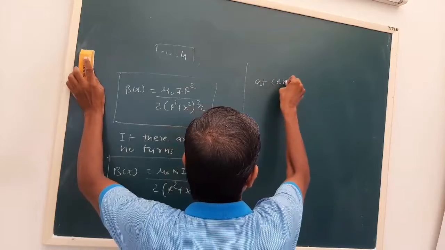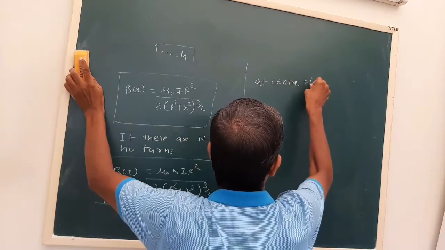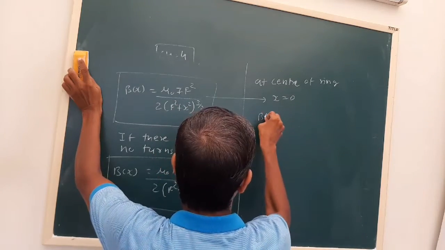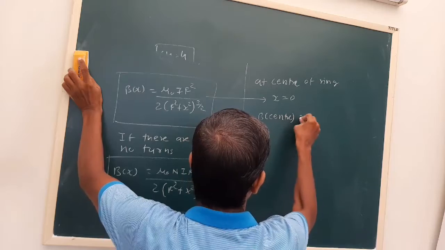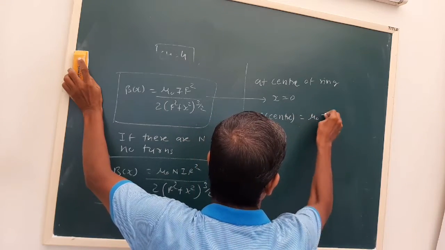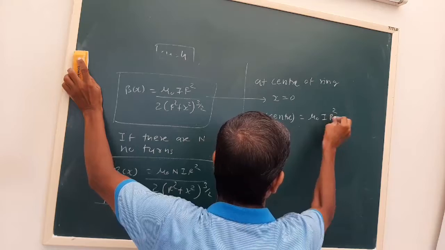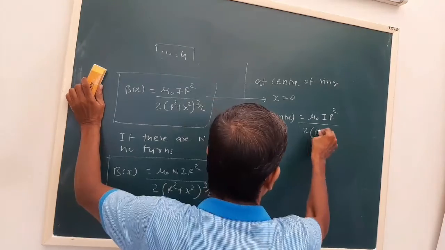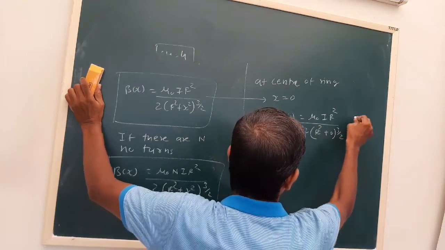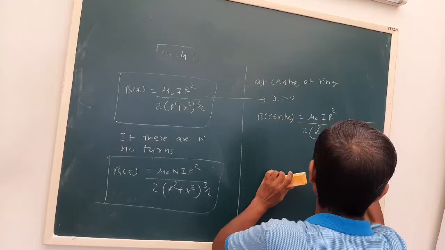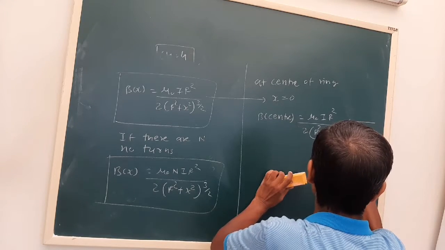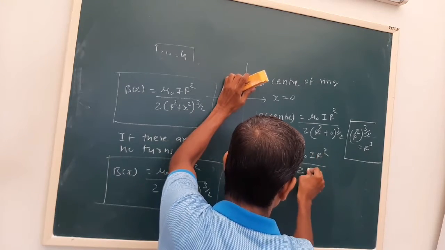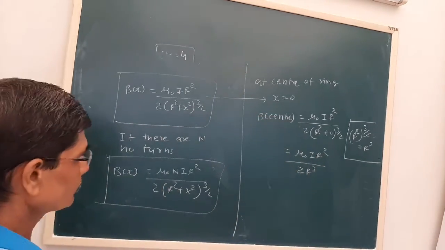So next we can write the equation for the magnetic field at the center of the ring. At the center of the ring, we use the same equation with x equal to 0. So B center is mu0 I R squared upon 2, where x has become 0. Now we simplify. R squared raised to 3 by 2 will become R cube, so mu0 I R squared upon 2 R cube.